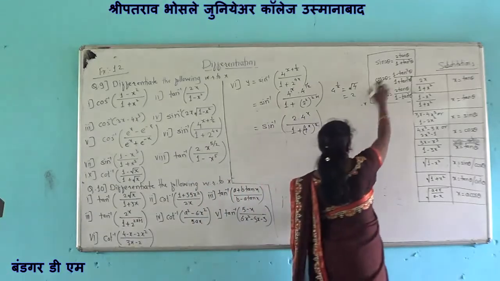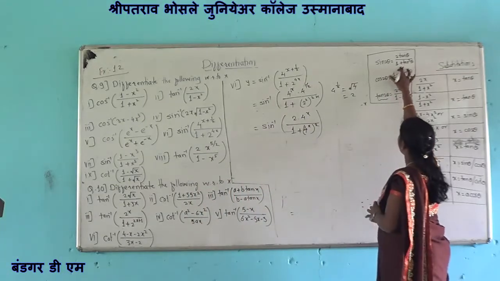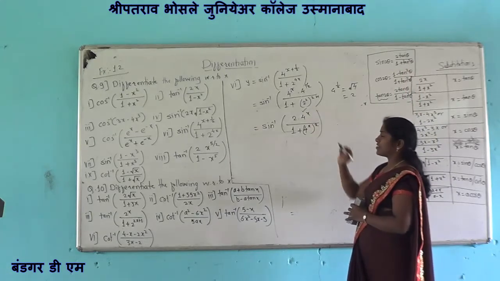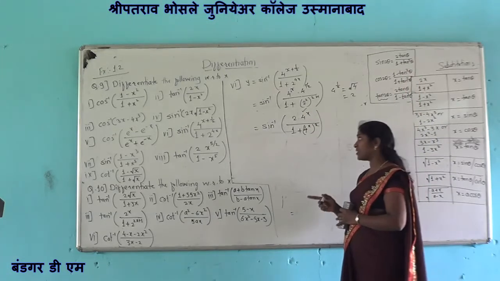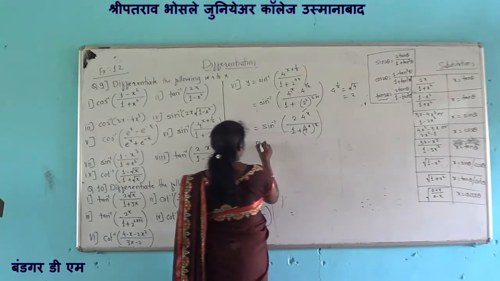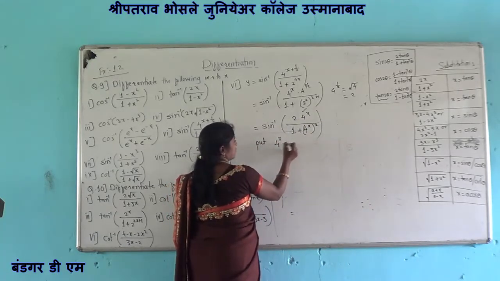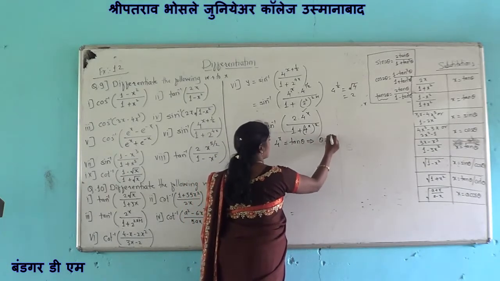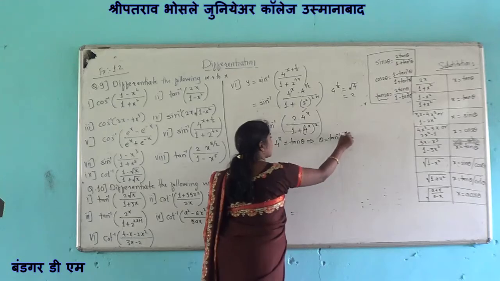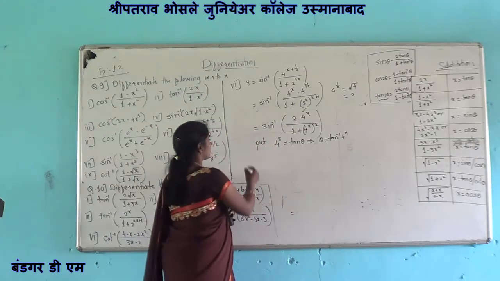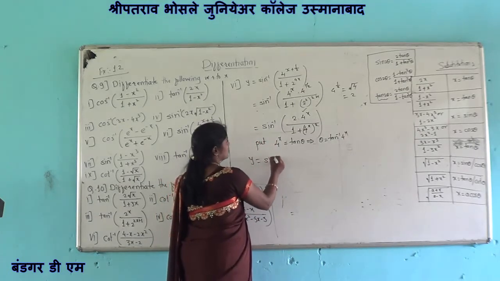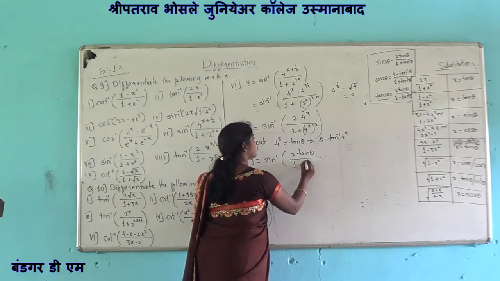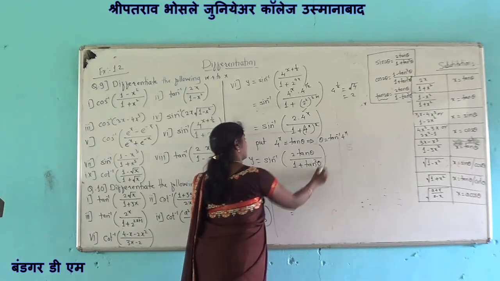So, we get the required form here, sin 2 theta, 2 tan theta upon 1 plus tan square theta, where we may replace 4 raised to x as tan theta. So, put 4 raised to x is equal to tan theta. That implies theta is equal to tan inverse of 4 raised to x. So, y is equal to sin inverse of 2 tan theta upon 1 plus tan square theta.